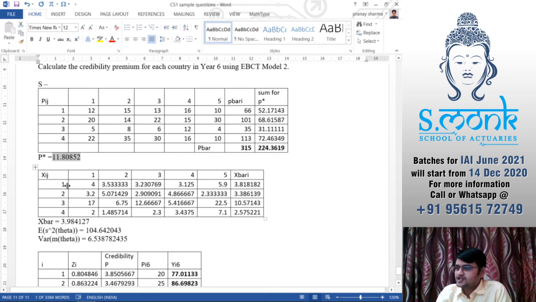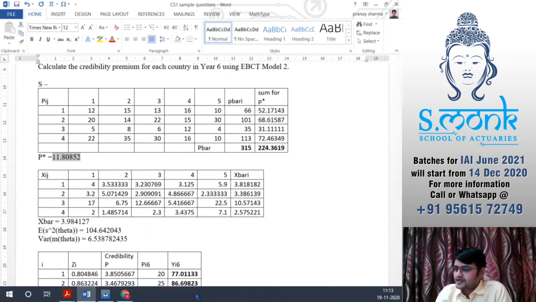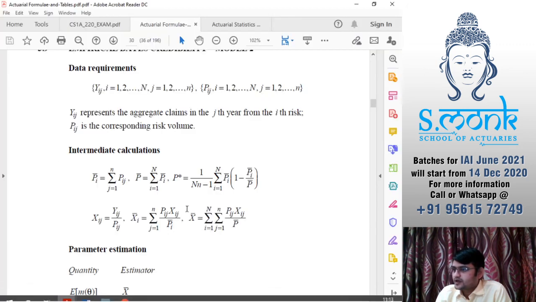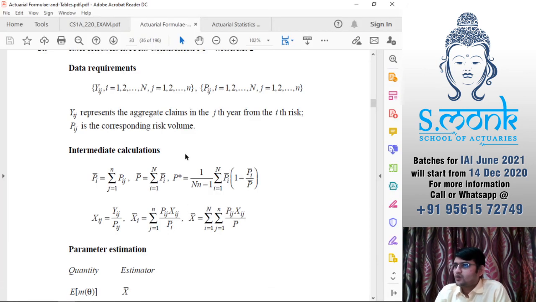Then our Xij table. In our Xij table, Xij is nothing but Yij divided by Pij.